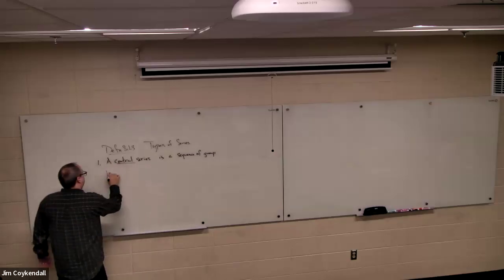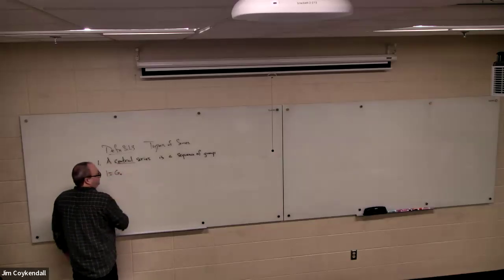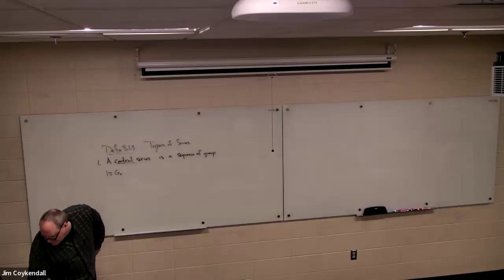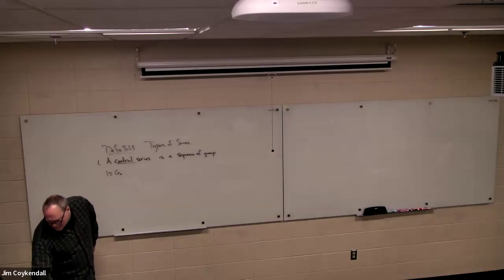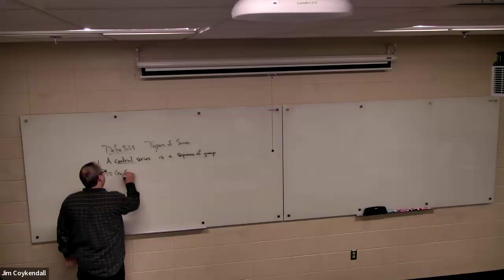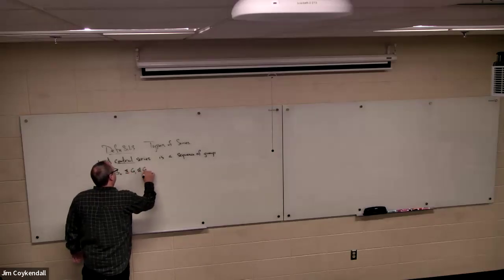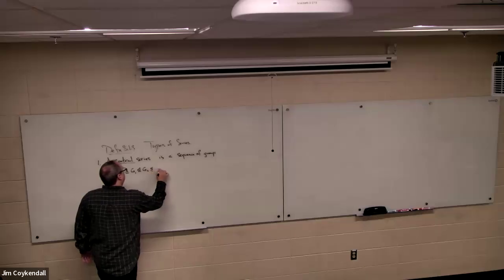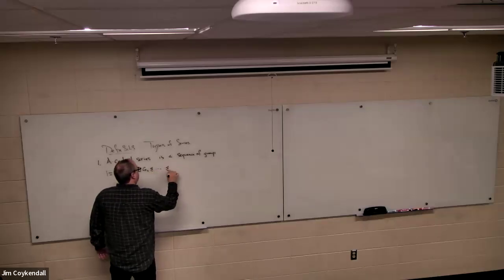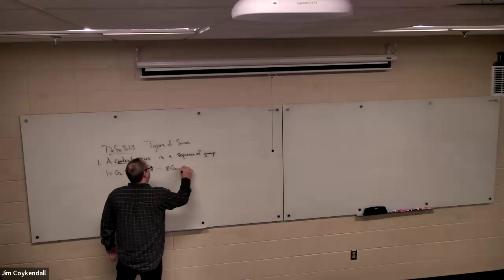It starts at 1, which is normal in G1, which is normal in G2, normal in Gn minus 1.